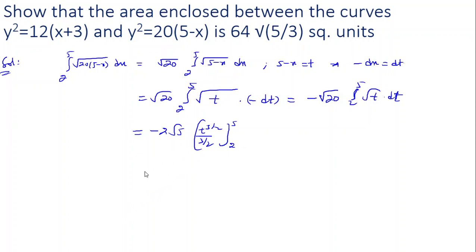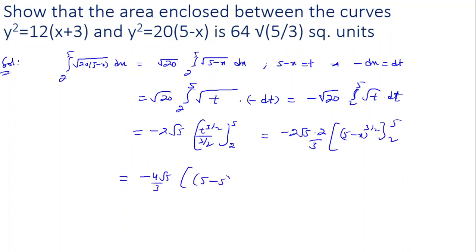So now this is equal to minus 2 root 5 into 2/3 (5 minus x) whole power 3/2 from 2 to 5, and now this is 4 root 5 by 3 of (5 minus 5)^(3/2) minus (5 minus 2) whole power 3/2.